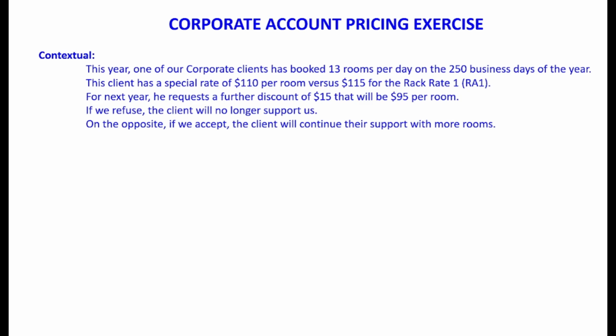For next year, he requests a further discount of $15, that will be $95 per room. If we refuse, the client will no longer support us. On the opposite, if we accept, the client will continue their support with our rooms.